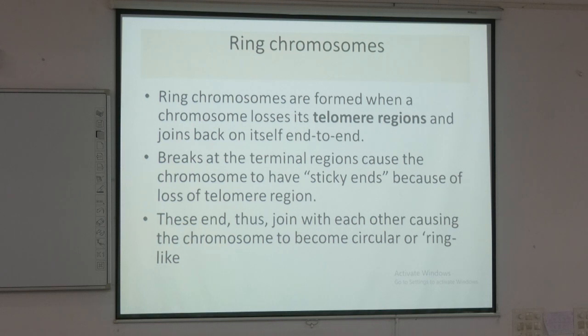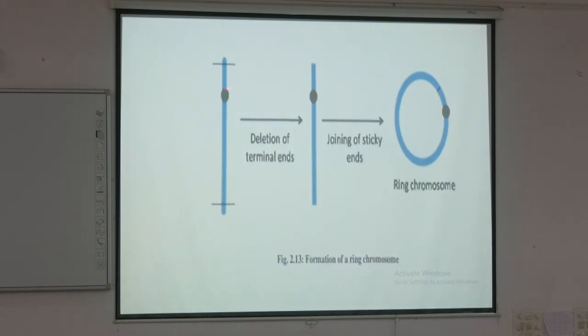This happens over here: the chromosome has its tail ends, the P arm and the Q arm. With these errors, terminal end deletion happens on the long arm and the short arm of a chromosome. So these two ends of the P arm and the Q arm are broken, fragmented and separated.